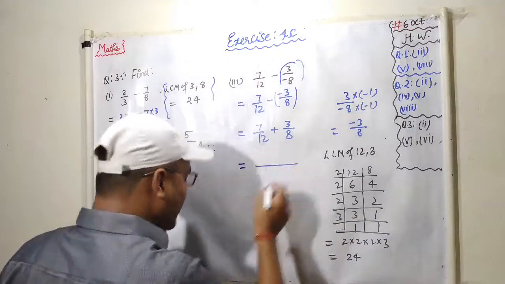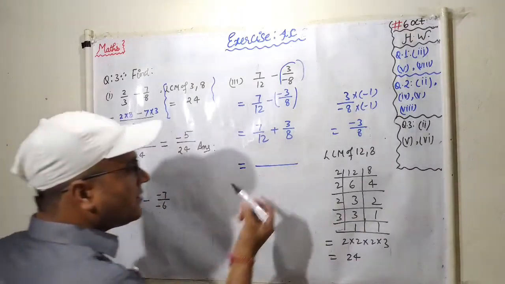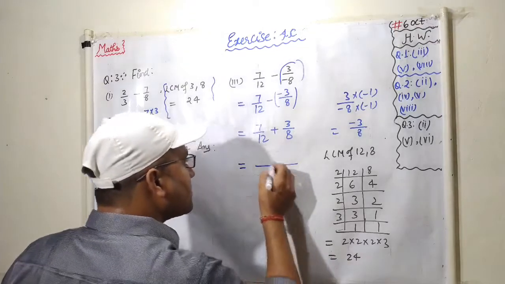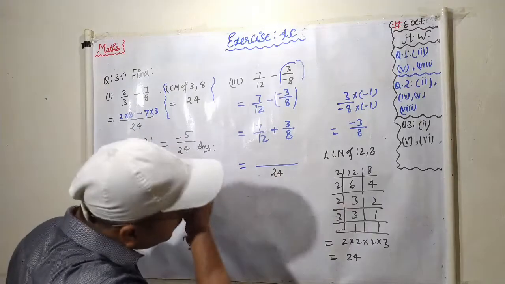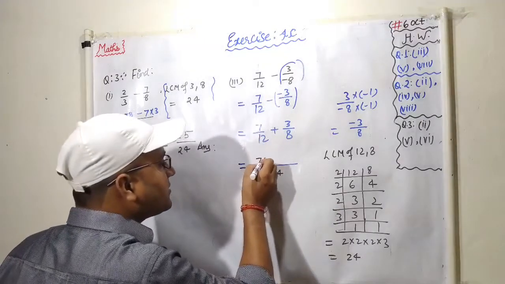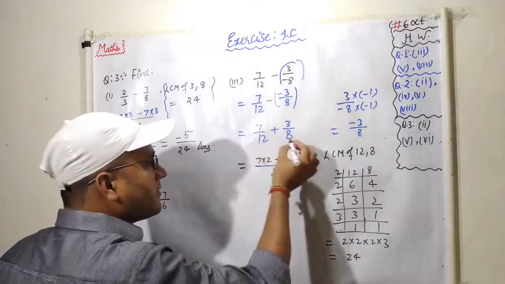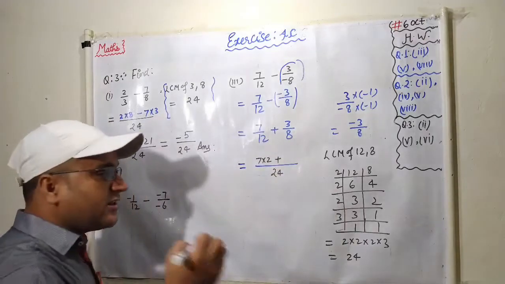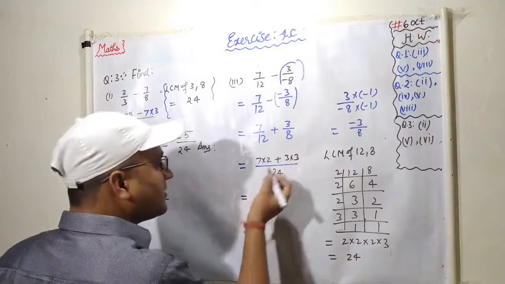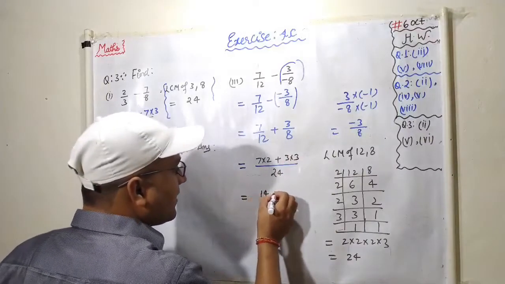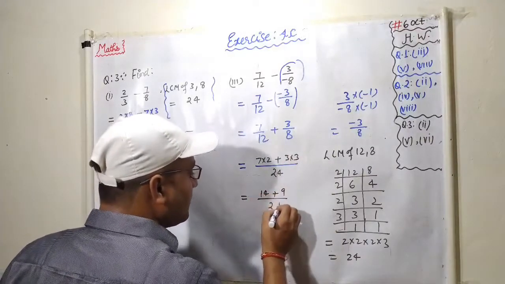Means that your equivalent denominator is 24. By 12, if you divide 24, you will get 2, and 2 is multiplied into 7. By 8, if you divide 24, you get 3, and 3 is multiplied into 3. So you write directly 14 plus 9 upon 24.